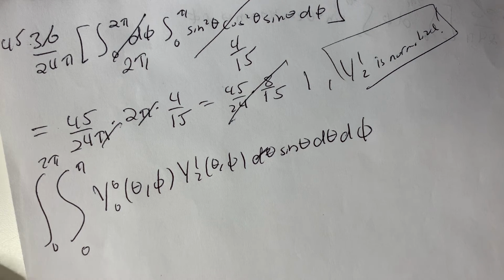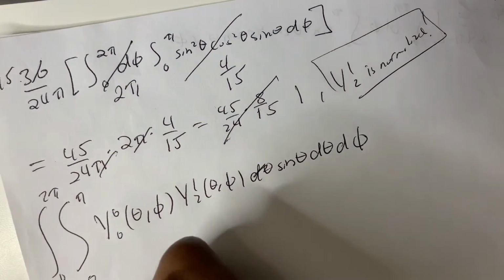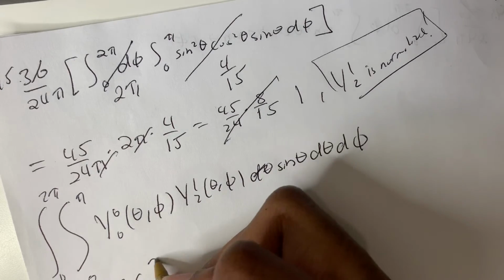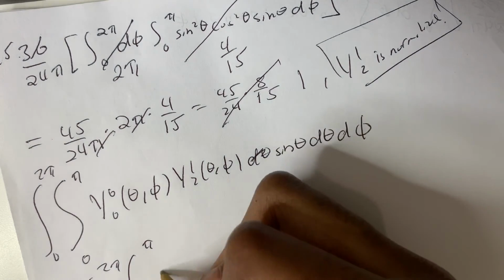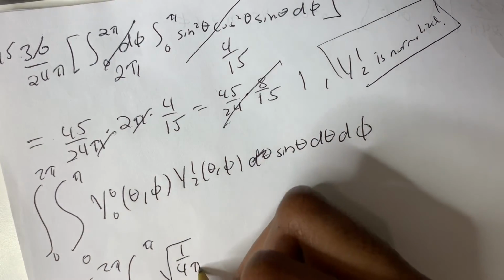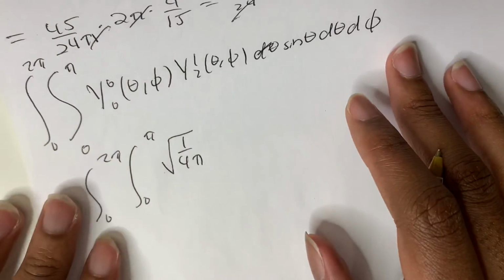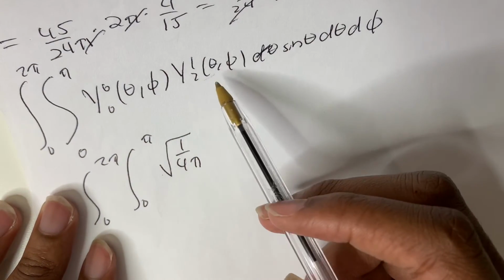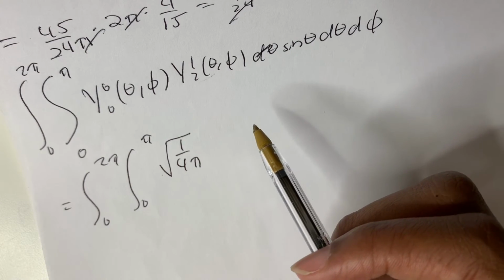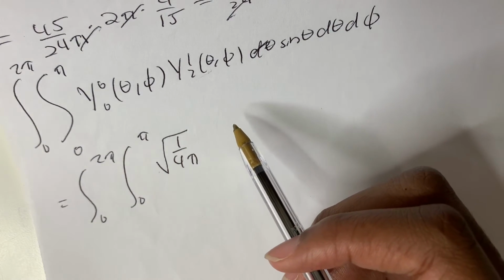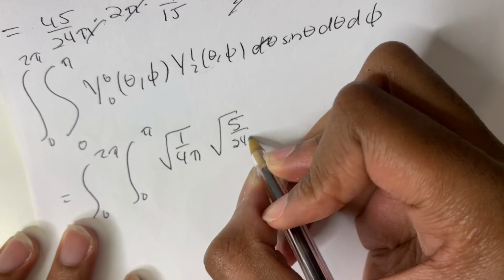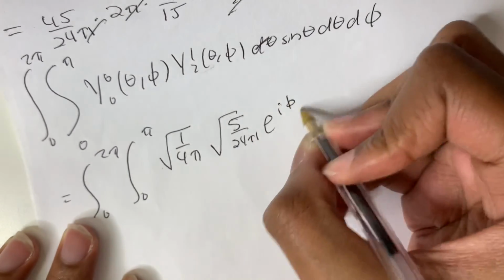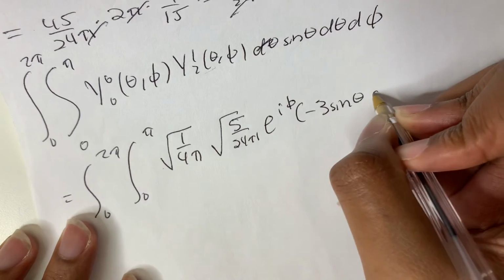That is, if these are truly orthogonal. Remember that y naught is the square root of 1 over 4 pi, times y12, the one we just found. y12 is the square root of 5 over 24 pi times e to the i phi times minus 3 sine theta cosine theta.